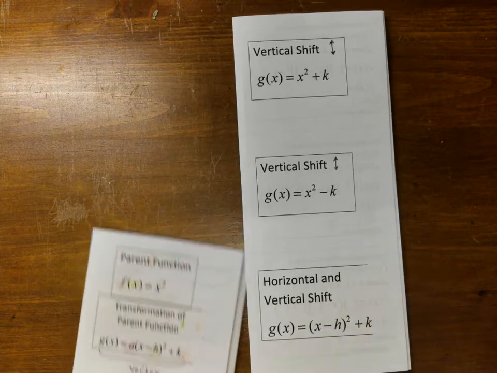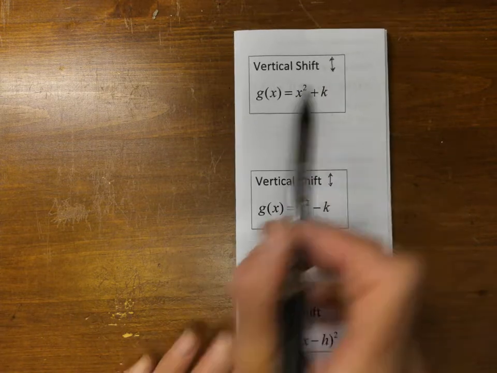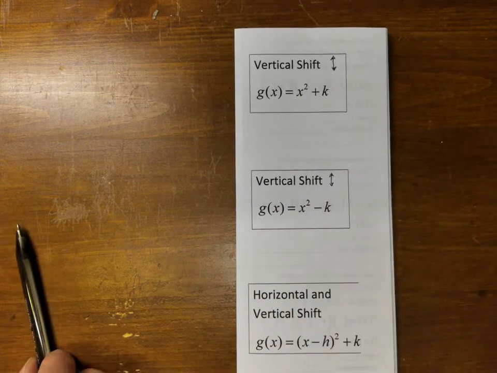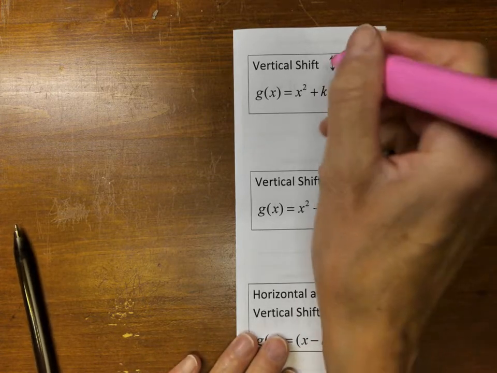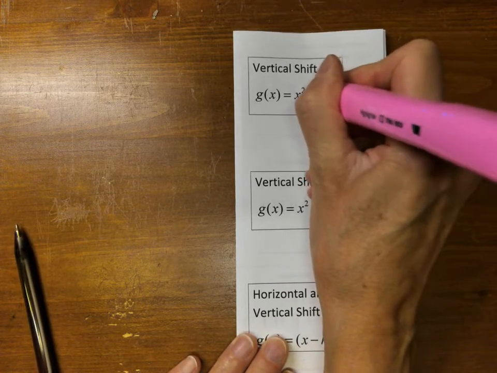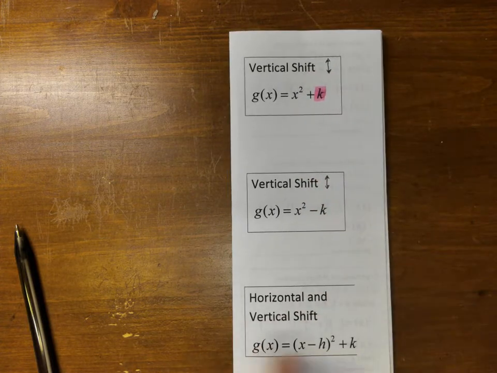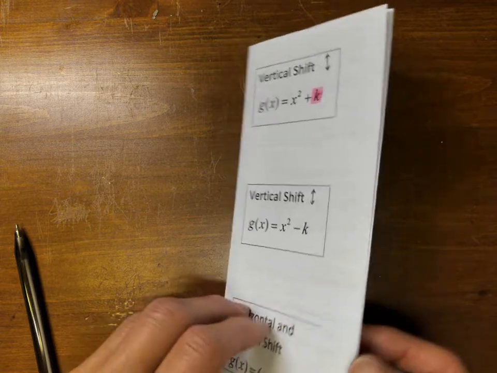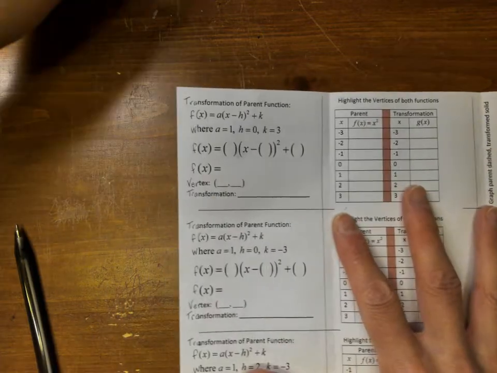So let's go ahead and look at our vertical shift. First of all, what we're looking at here is our K. So I'm going to go ahead and highlight that. That number at the end is what's making our shift. So let's look inside. And you see the inside looks very similar to what we've done before.